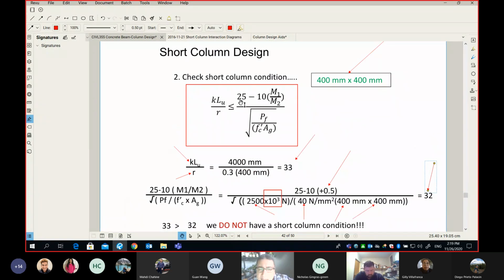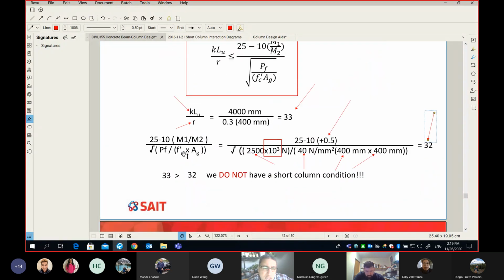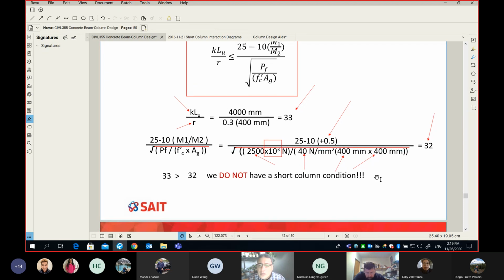Please do 25 minus 10 multiplied by 0.5 divided by, and everything here is under the square root, which is not really matching here. So you can continue the square root to the end. Same one here, take the square root of everything. I want everyone to do it and make sure you get 32.